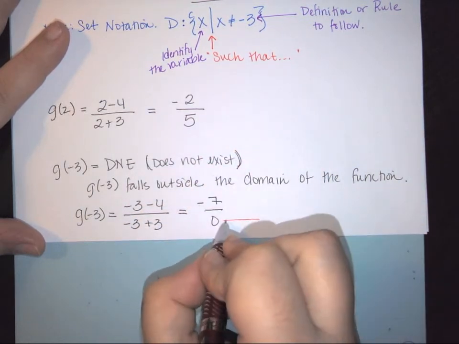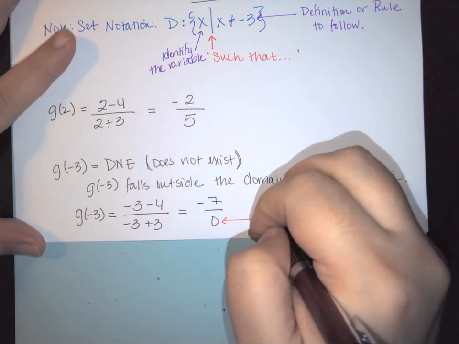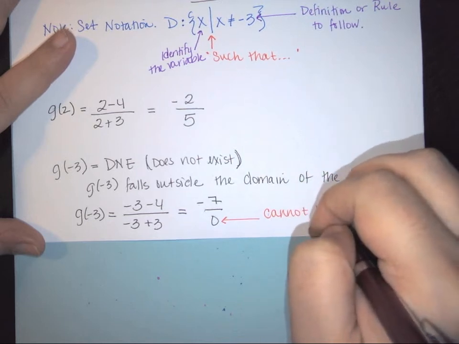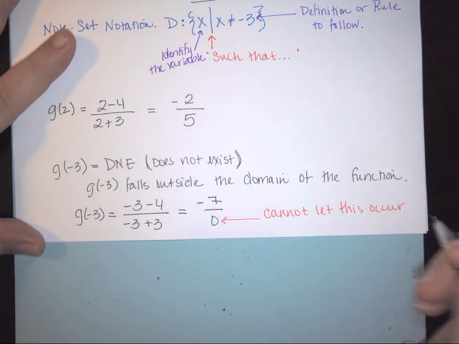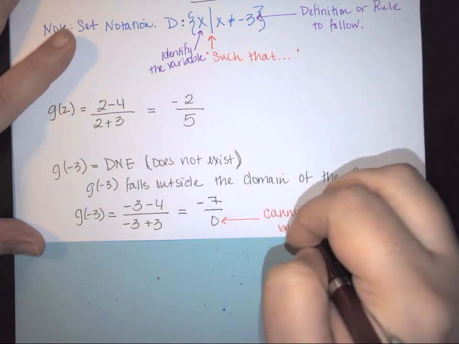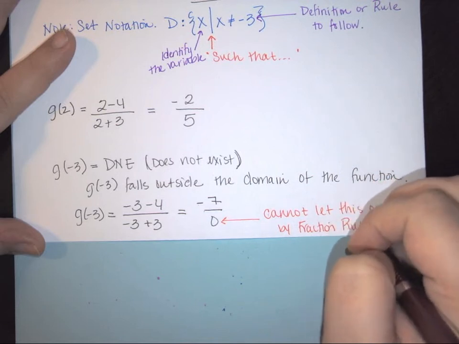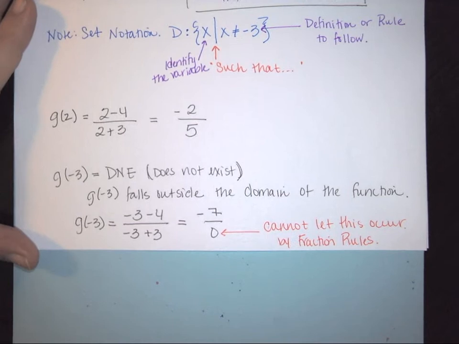Here we have a 0 in the bottom, which our rule says we cannot let this occur, and that is by fraction rules. Therefore, those are our two answers. Okay?